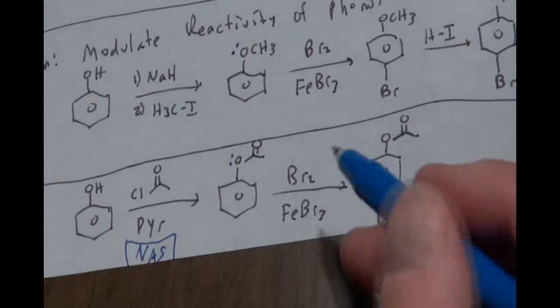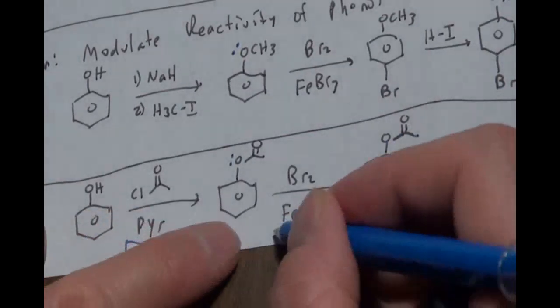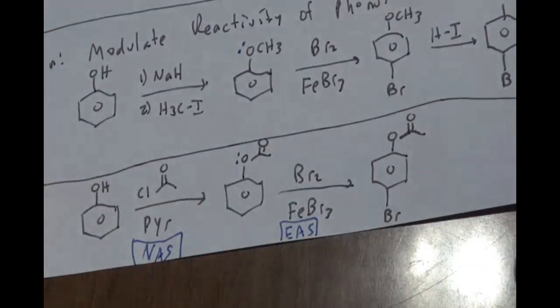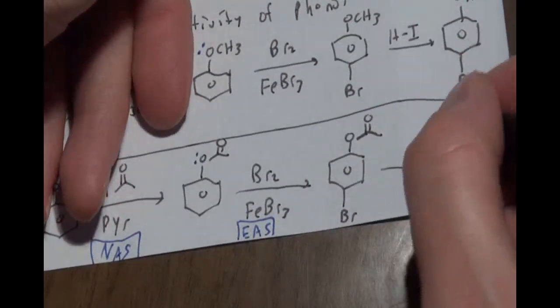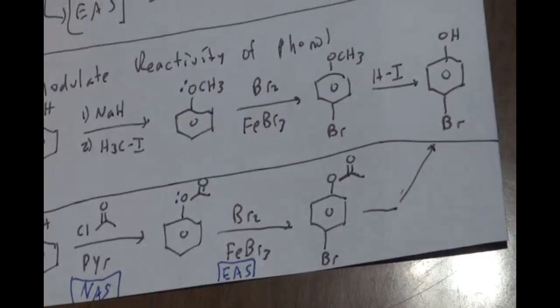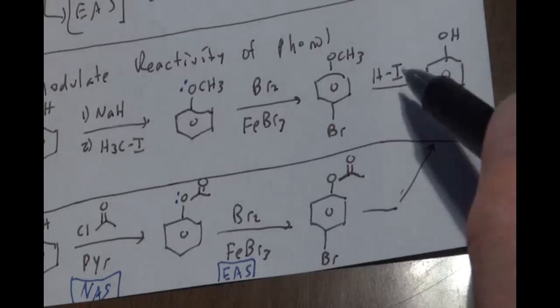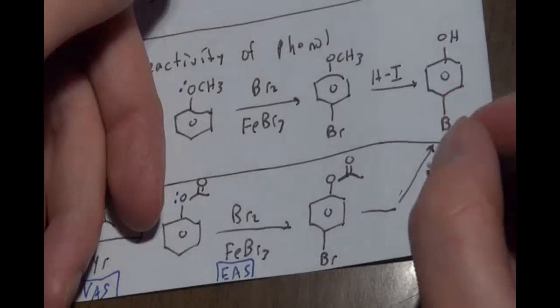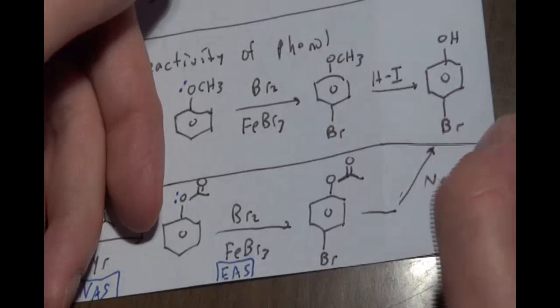Well, anyway, then we do an NAS, then we do an EAS, electrophilic aromatic substitution. And then if we want to make this same product, now it's not HI, because HI is the ether cleavage reagent. If we want to cleave an ester, we would use sodium hydroxide.